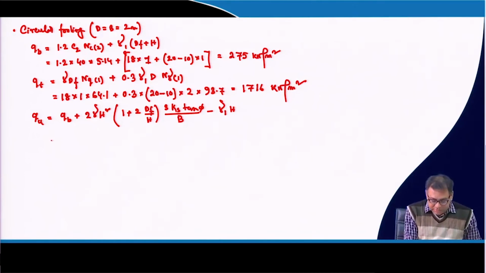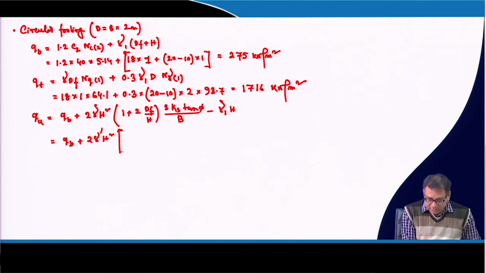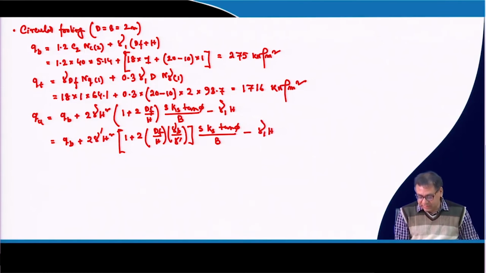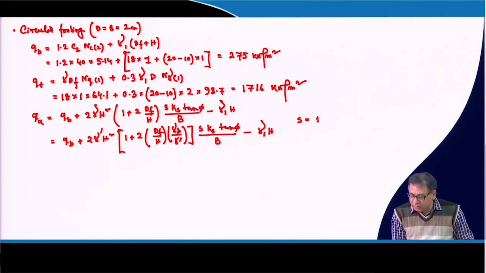So, that modification will be QB plus 2 gamma dash H square into 1 plus 2 dF by H into gamma B by gamma dash into S Ks tan phi divided by B minus gamma 1 H. Now, as I mentioned, your S is equal to 1, but that is a very conservative case.